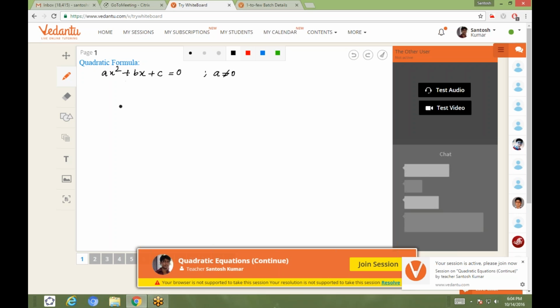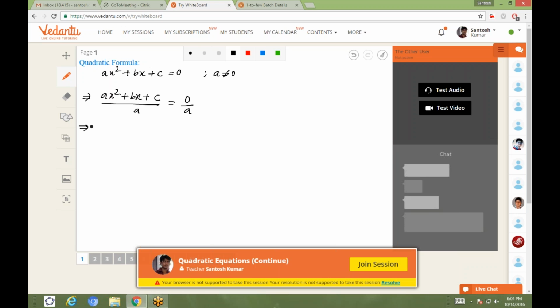Okay, so for that, as I had told you, to make the coefficient of x square as a, we will divide on both the sides by a. So this will give us x square plus b by a into x plus c by a is equal to 0. Right, Aditi and Chirag?